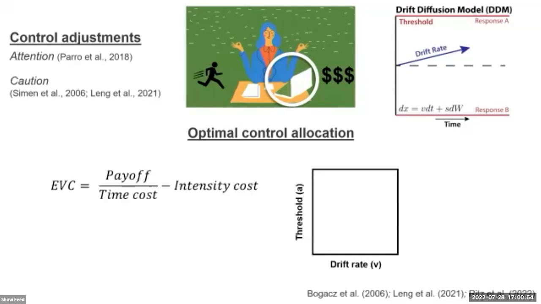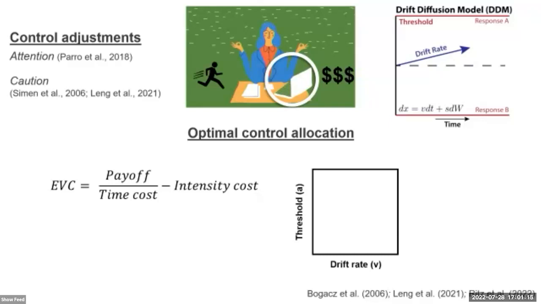So previous work from our lab, led by Jason Lang, built on work by Rafa Bulgac, proposes a fairly simple reward rate-based model that can do so. So we consider payoffs for a specific combination of drift rate and threshold. We can calculate the probability of being correct or incorrect. That might be tied to some incentives in the task. We get a payoff.